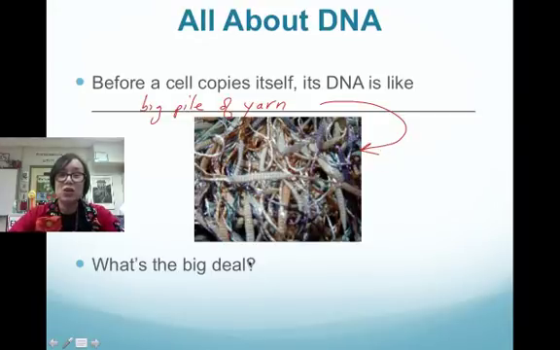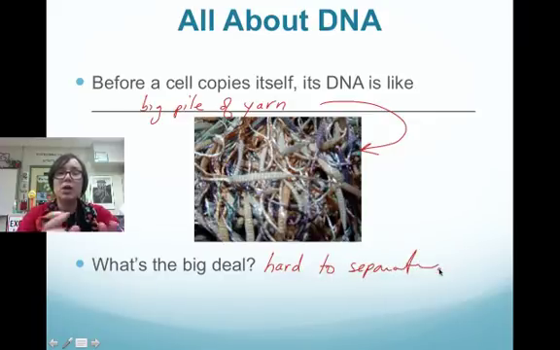So what's the big deal, or what's the problem with having a big pile of yarn? It's hard to separate, right? And we need to be able to precisely or exactly separate our DNA as we are making new cells, because we want those cells to be genetically identical to one another.